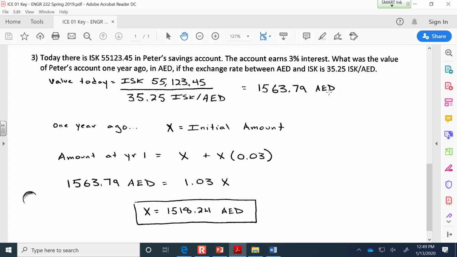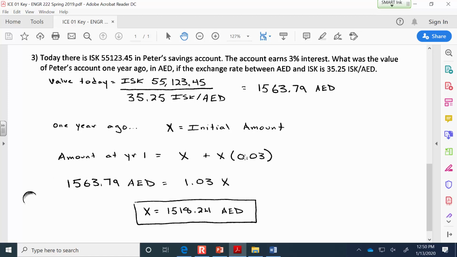Now, how much was that a year ago? So the amount that you have now is the initial amount plus the interest that was earned during the last year. And so what you have now was last year's amount plus 1 year of interest. And so the way to set this up algebraically is to say that these 1564 dirhams that's there now is the initial amount plus 3% of the initial amount.